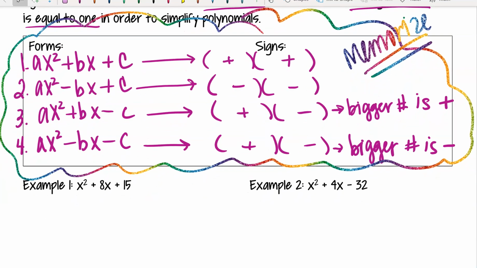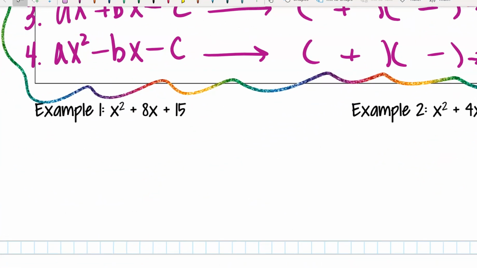So when we factor trinomials, looking at example 1, you can see our leading coefficient is 1 here, 1x squared plus 8x plus 15, okay? When we factor, we are always going to have 2 groups of binomials. Our goal is to multiply to 15, and we're going to add to 8x. To do that, we really only take a look at the first term and the last term here.